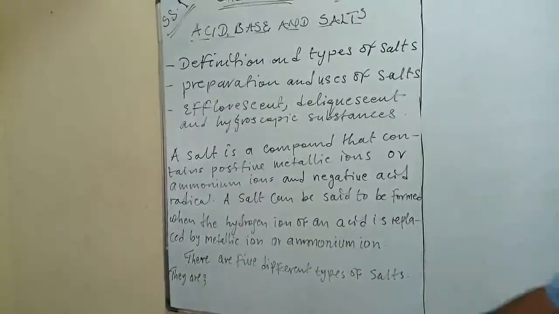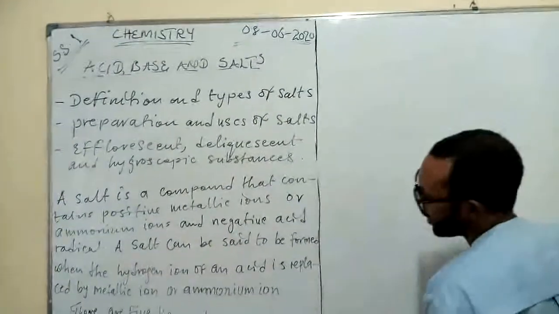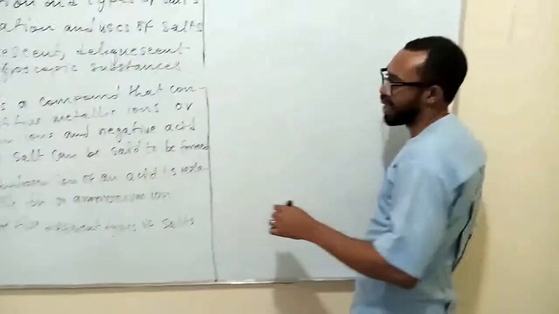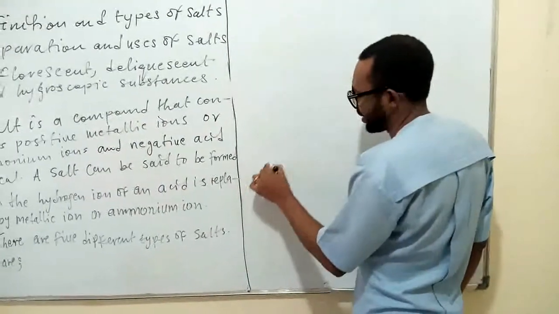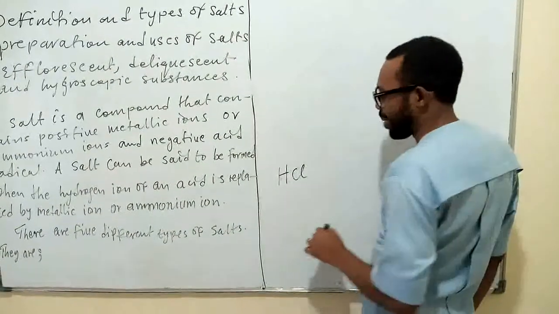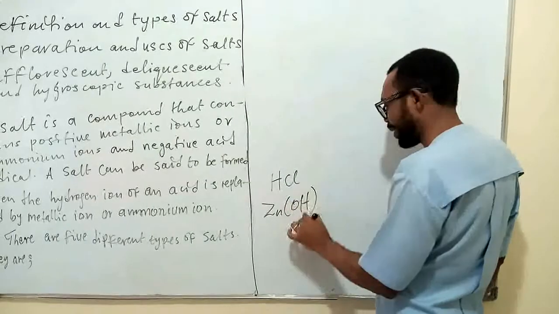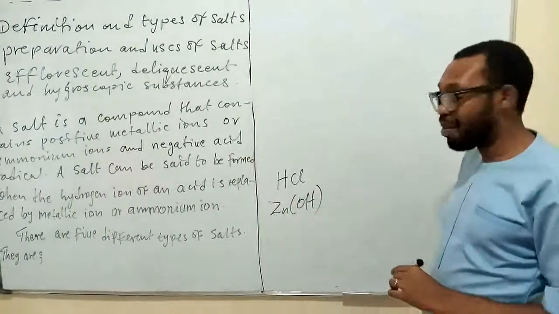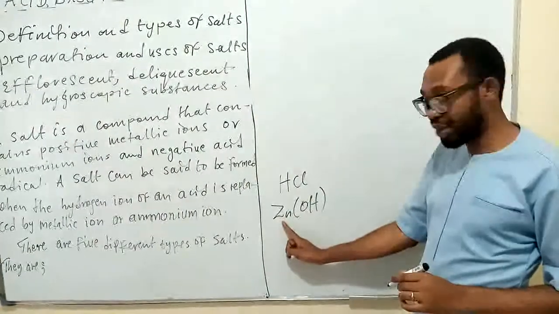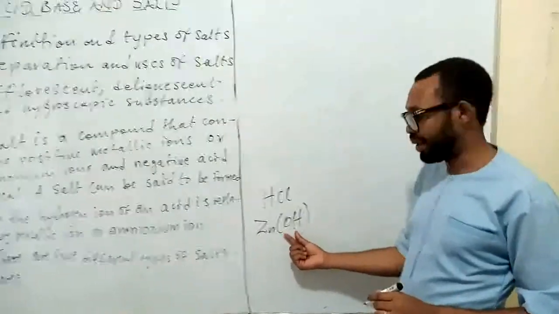There are 5 different types of salt. But before I go into that, let's show how a salt can be differentiated from an acid or a base. HCl is an acid. A base is Zn(OH)2. Don't mind the fact that it contains a metal; the hydroxide ion makes it still a base.